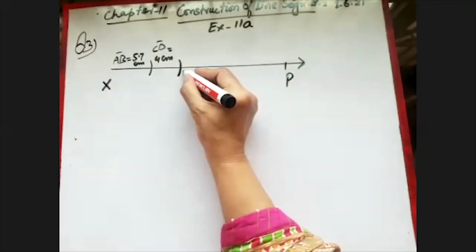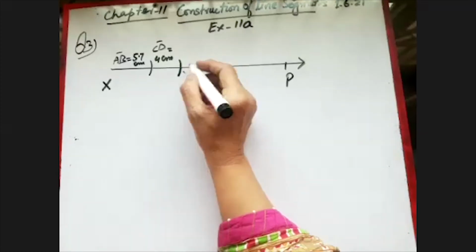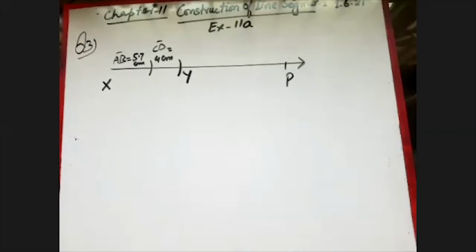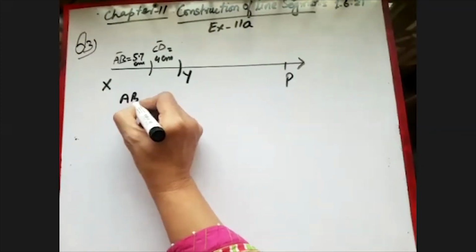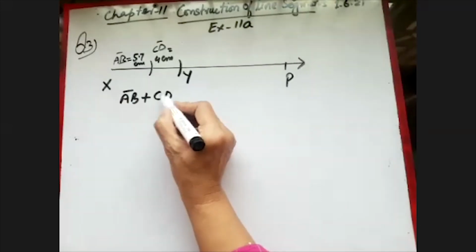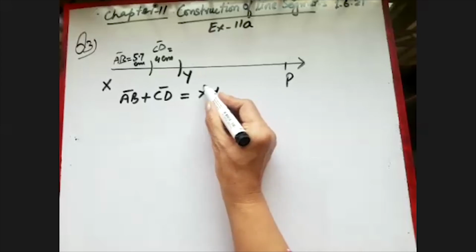So now what is the length? This end will be your Y end. As the book is saying, draw a line XY. When you add up both the lines, you will say, I draw a line AB on the ray, add it to the line CD on the ray, and get a line XY on the ray.